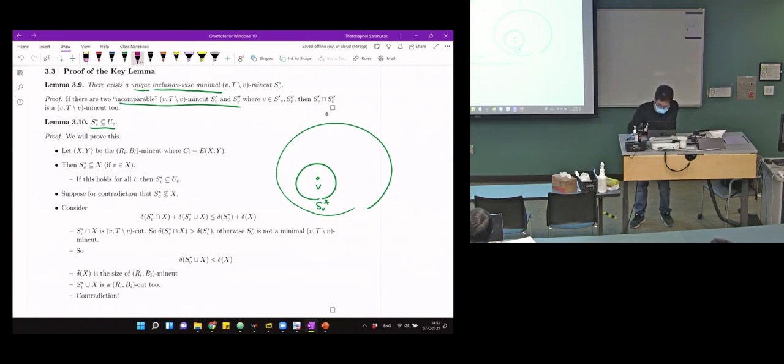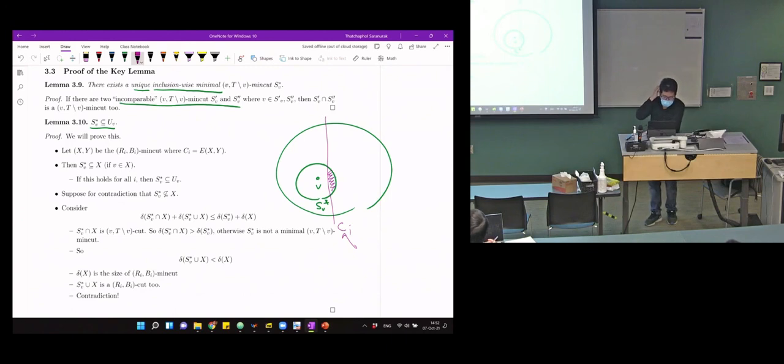That is, if I just look at one cut CI, I just need to say that this part cannot exist. If this is true for every CI, then it means that SV must be inside UV, right? So I just need to look at one dimension, basically.